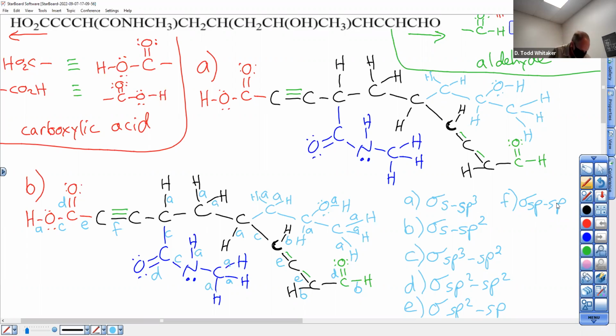And G. Sigma between sp to the left and sp3 to the right. Yeah. I think that's unique. There's no other ones like that. But there's a lot of H's, I'm pretty sure.